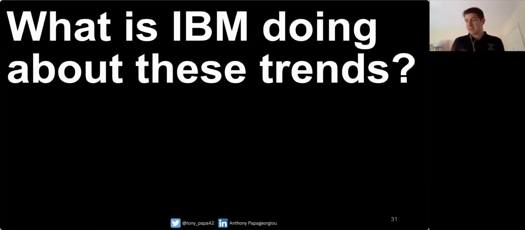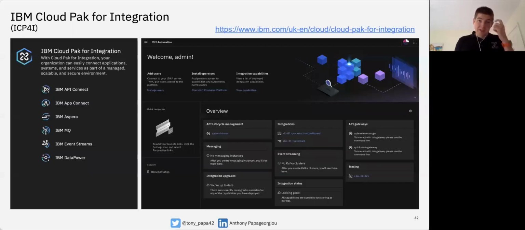Well, there are a few things already in progress across IBM. So first, Cloud Pak for Integration. I've already mentioned it, but if you're not aware, it is a set of capabilities, basically everything you need for integration in one box from IBM Cloud.